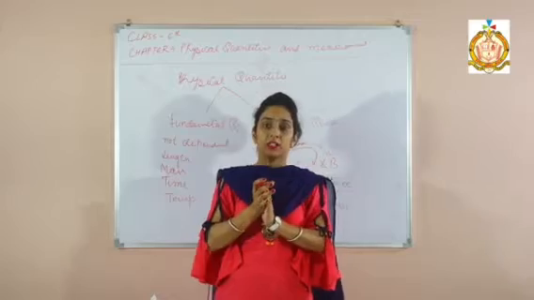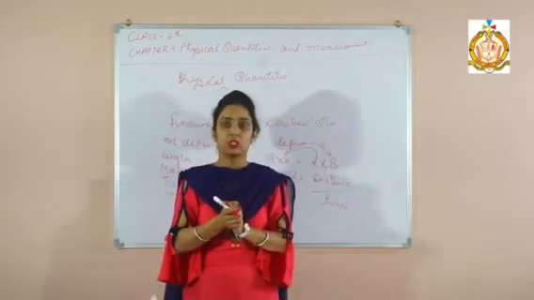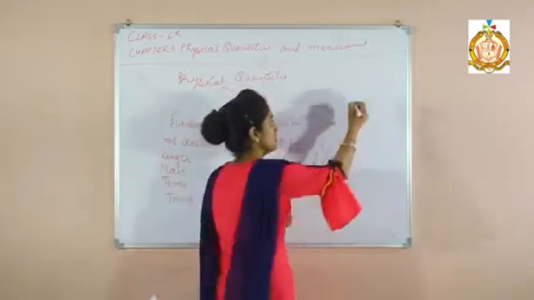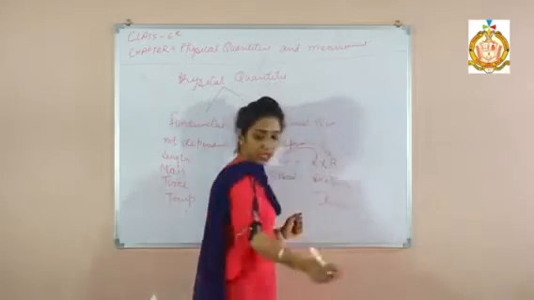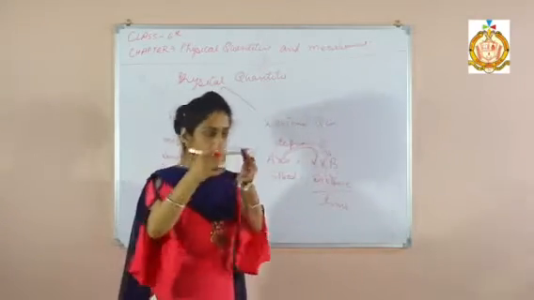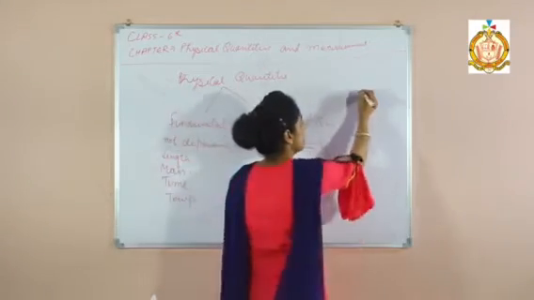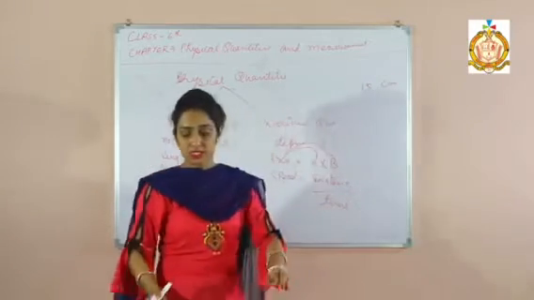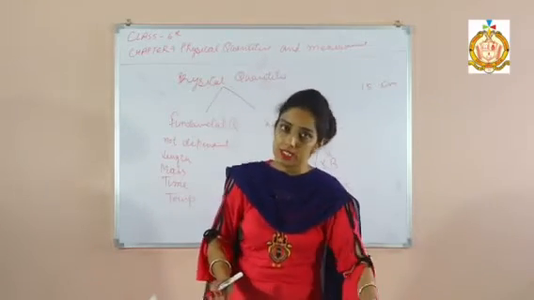After that, when measuring a physical quantity, we use units. Suppose you write the length of this scale is 15 centimeter, right? The length of this scale is what? 15 centimeter.